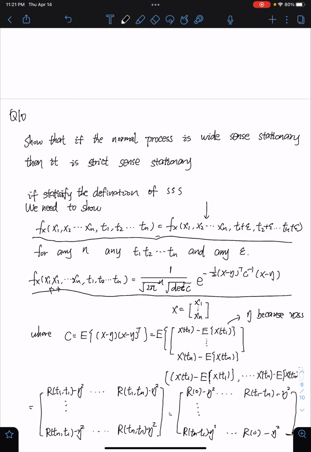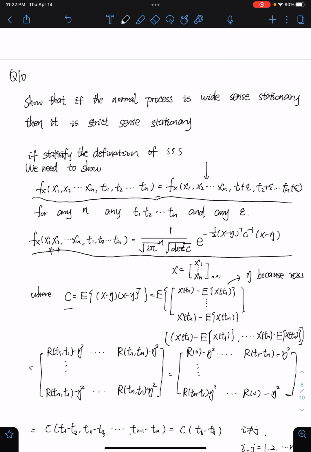And x is a column matrix, n times one, from x1 to xn, and C is the autocorrelation matrix of x1 to xn.